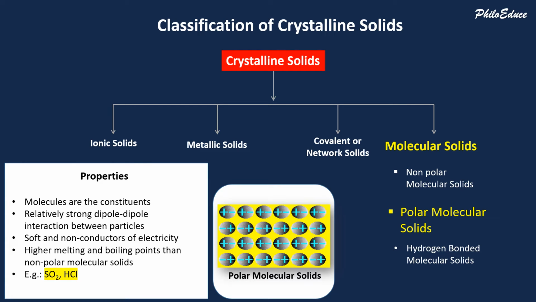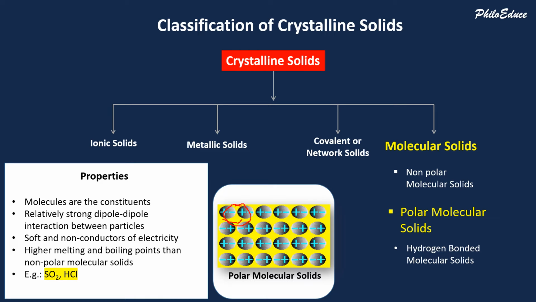About polar molecular solids, they are molecular solids having polar molecules in them, like hydrogen chloride, sulfur dioxide, etc. Here, the molecules exist as dipoles. So there exists a dipole-dipole interaction. It's a kind of electrostatic force of attraction, not exactly as strong as the attraction between two extremely polarized charged ions.